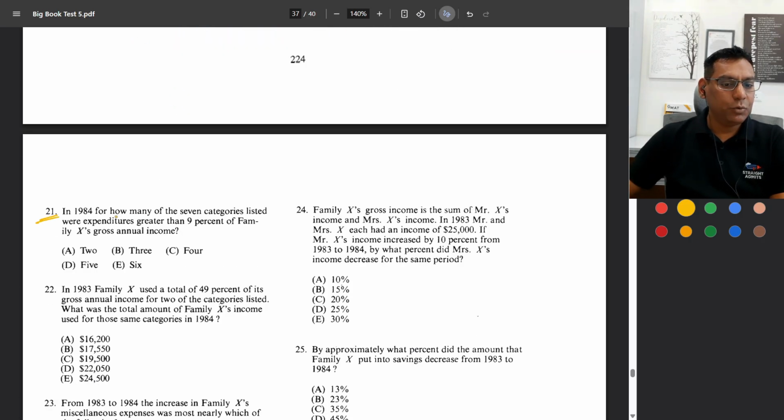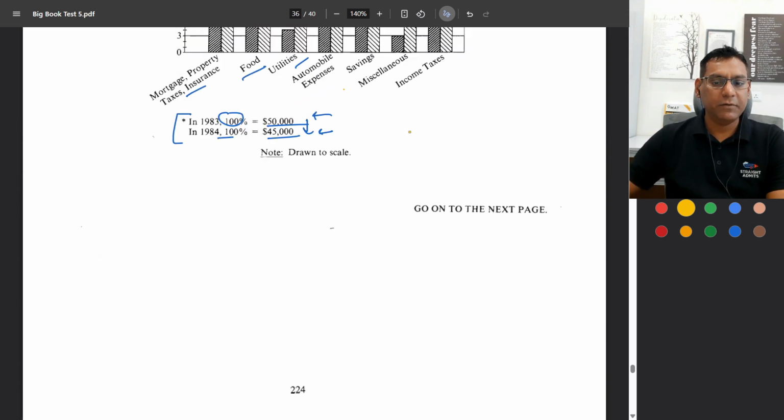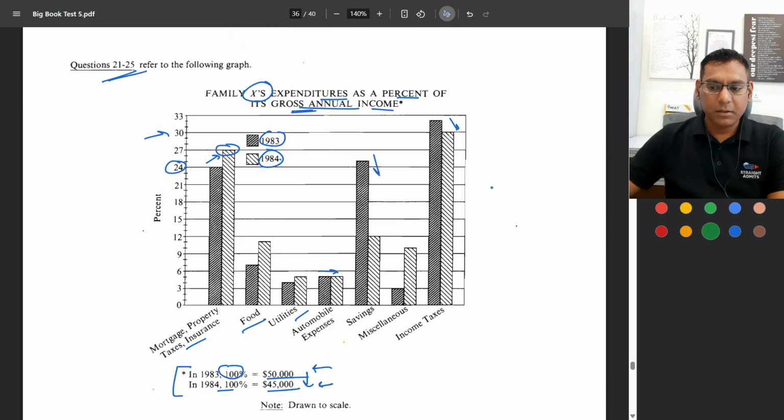In 1984, how many of the 7 categories listed were expenditures greater than 9% of gross annual income? In 1984, in how many categories the expenses were more than 9? Okay, so I have to look at only one graph. 1984 is this. Always verify because sometimes you tend to do silly mistakes.